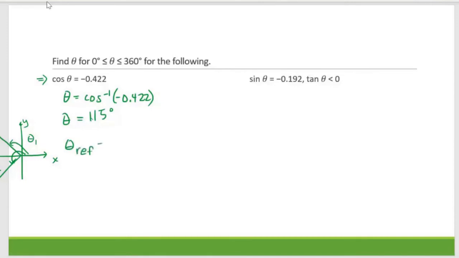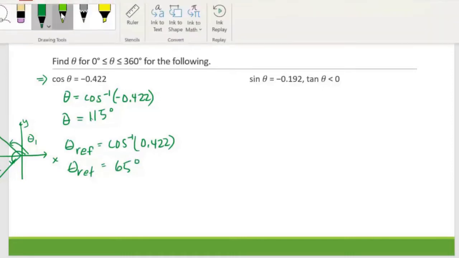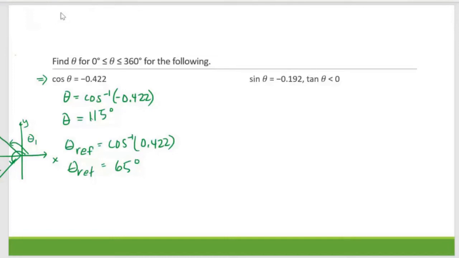So if I'm looking for the reference angle and I take the inverse cosine, I'm not going to worry about that negative sign, and I'll find that theta ref is equal to 65 degrees. How do I reconcile those two? Well, 115 degrees, that's in quadrant 2. That's the value of theta 1. 65 degrees is the reference angle. 115 degrees plus 65 degrees is 180 degrees.